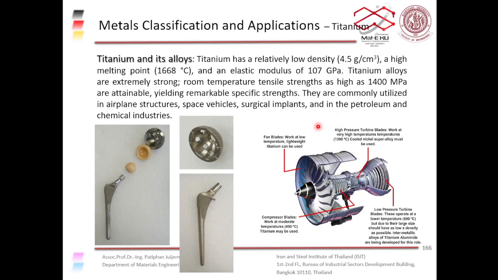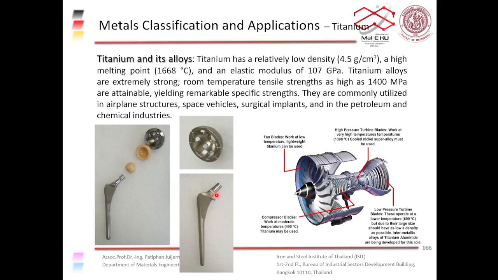In other words, you want it to be inert and not react too easily. Titanium is quite inert because it can form a passive oxide film on the surface that makes it really non-reactive, so it can be used as surgical implants, and in petroleum and chemical industries because it doesn't react easily to other components.